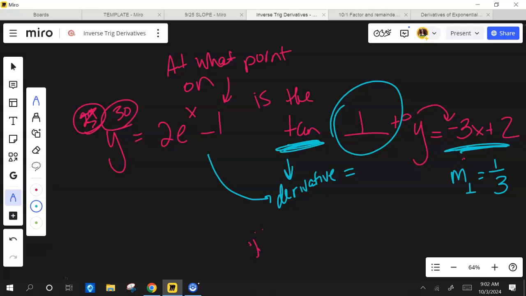Perpendicular lines have negative reciprocal slopes of one another. So do it. Where does the derivative equal 1/3? And remember, this is a calculator problem. So I want to take a minute to show you how to solve this, because this is another area where we struggled on the test.